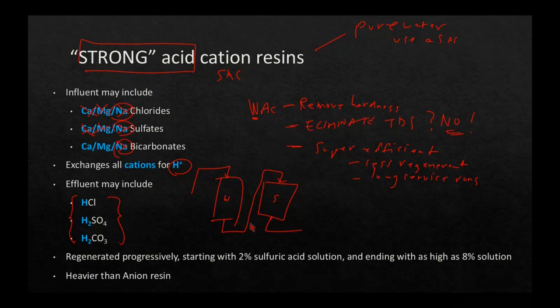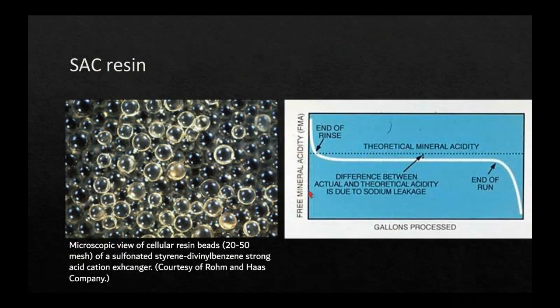So the WAC takes the bulk of the load, and the SAC just kind of does this final polishing. And because the WAC is so efficient, it's a good piece of equipment to have in front of your SAC. So next time you're thinking about whacking your SAC, keep that in mind.